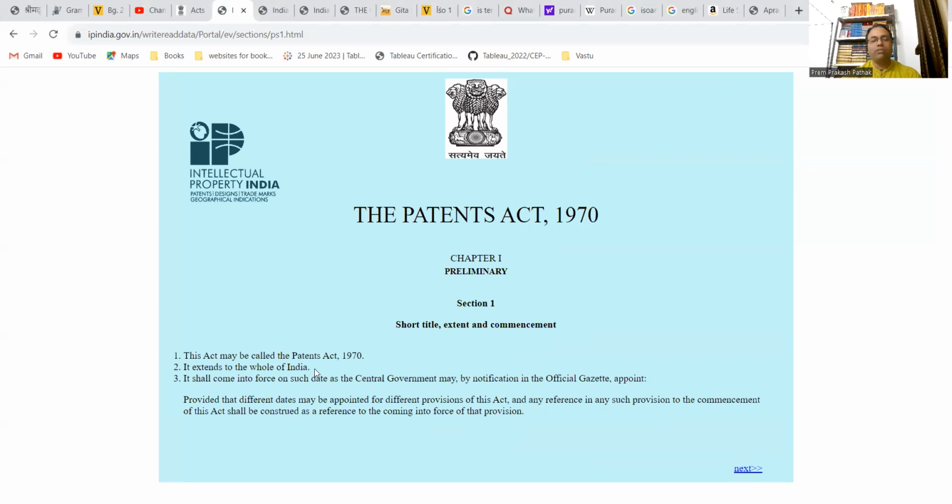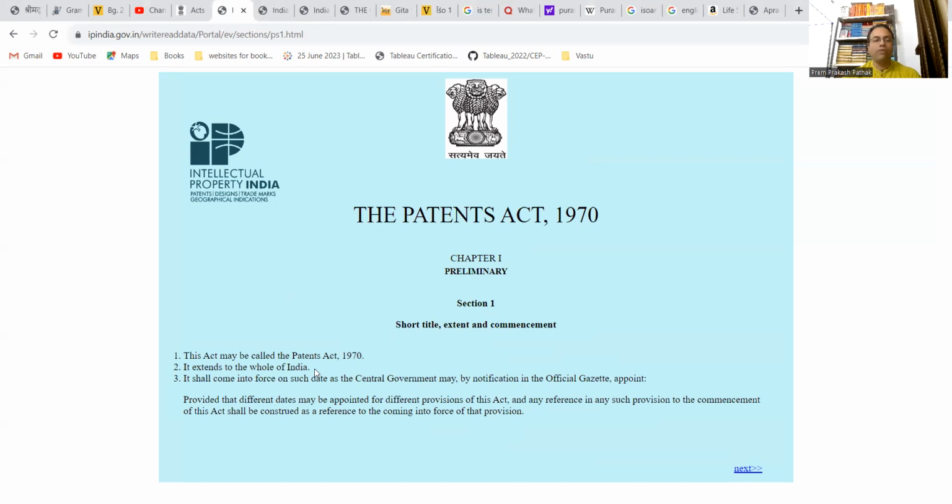This act is valid means what? The patent gives the right to exclude others from making, selling, offering to sell, importing, everything with regard to the patent that is granted and active.